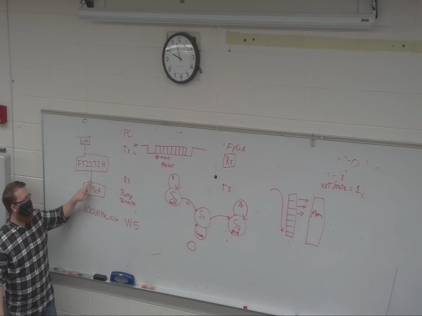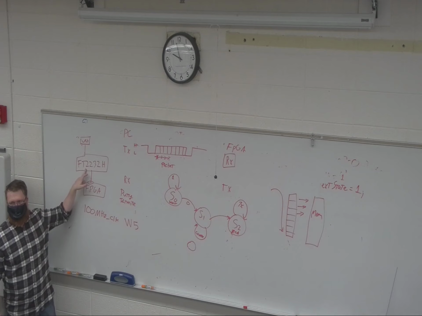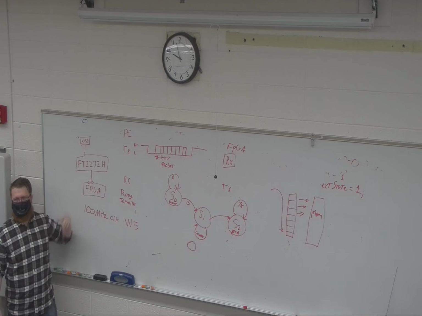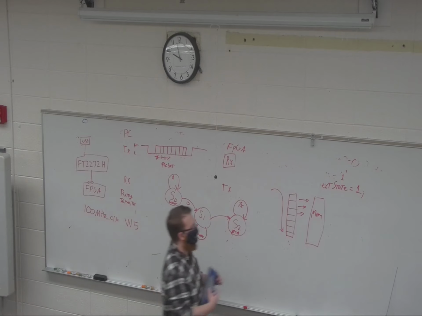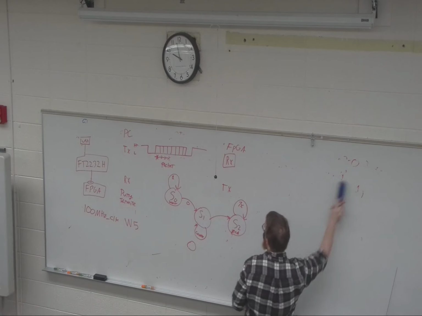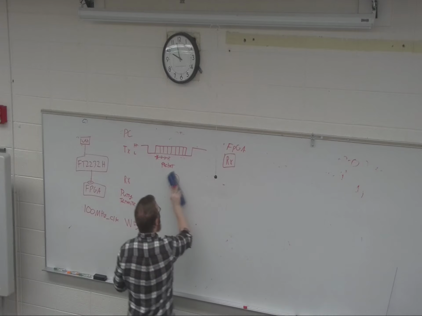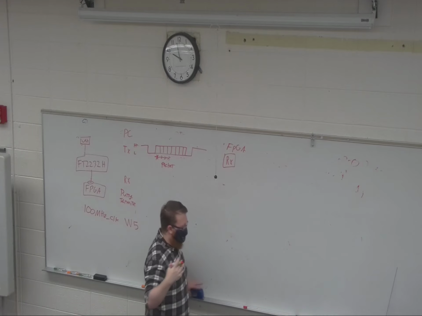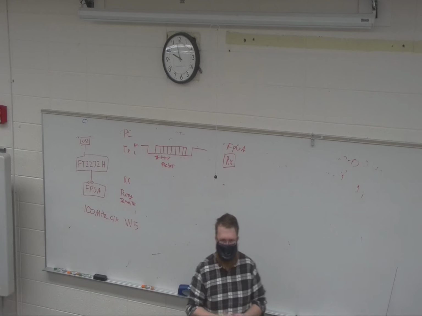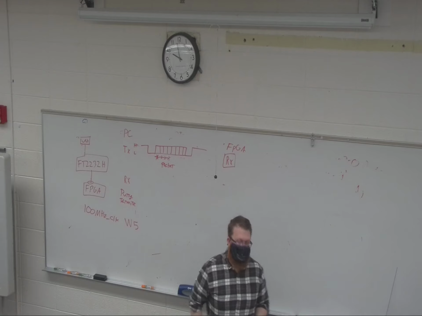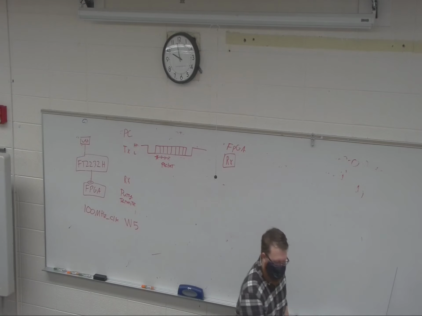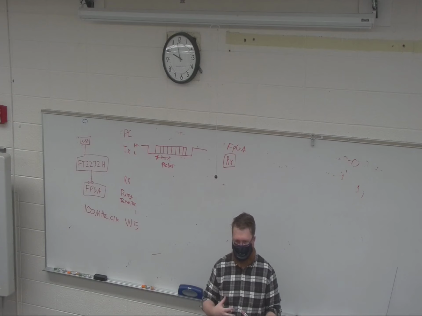You're going to have some dedicated pins that are connected to the FT part. You need to look up what those are. So the steps of this are, number 1, you're going to write a state machine that is a receiver.